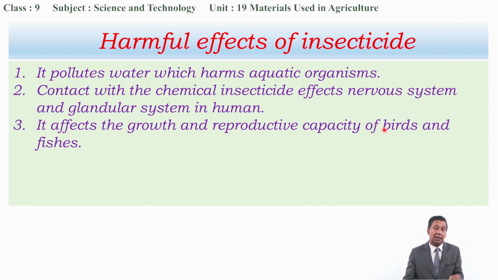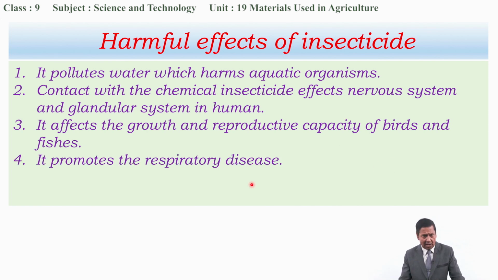It will lay fewer eggs and the shell of the egg won't be so thick and will break easily. These are the effects found in birds, and on the other side, it will affect the reproductive capacity of fishes also. If large fish are in contact with this insecticide, then their reproductive capacity is found to be decreased.